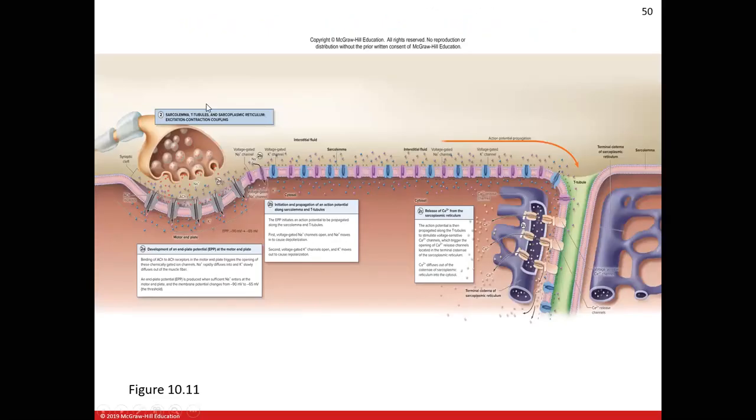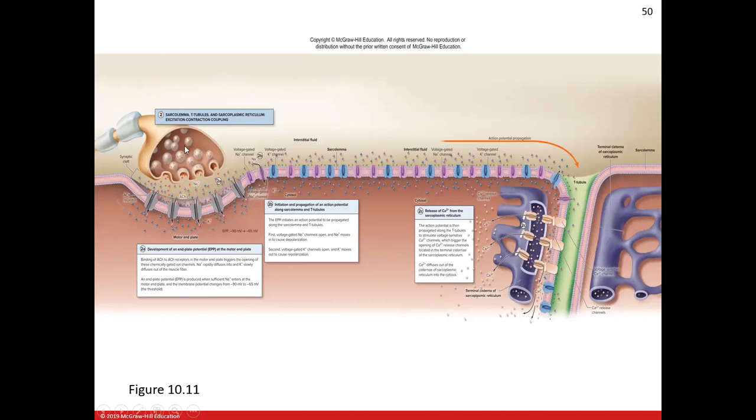So if we take a look at this, you get a chance to see the entire graphic here from essentially start to finish. So we see phase one, it's not indicated here, but it's the action potential that comes down our neuron. As the action potential comes down, it stimulates our voltage-gated calcium channels. From here, calcium floods into the nerve cell, particularly into this axon terminal.